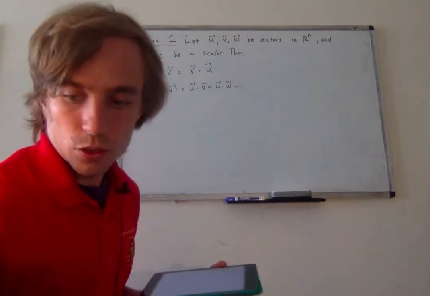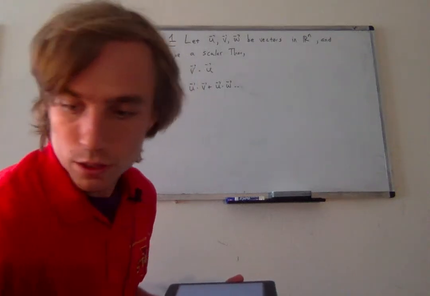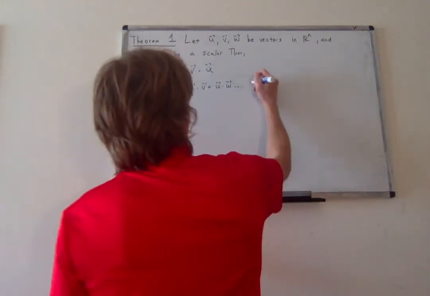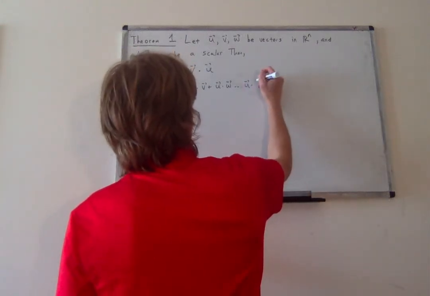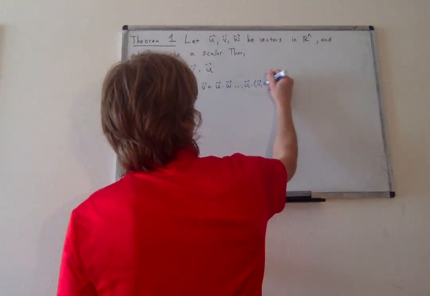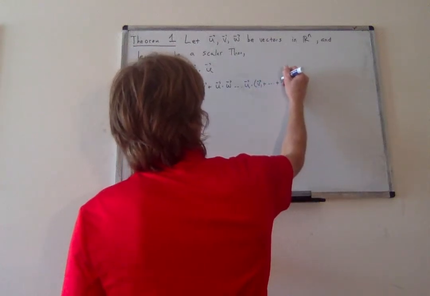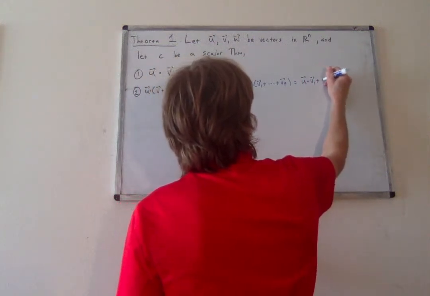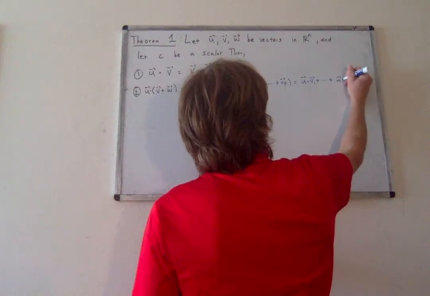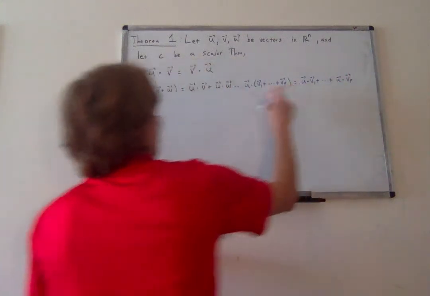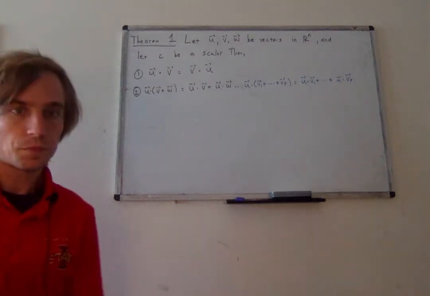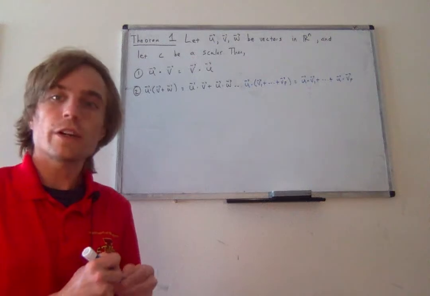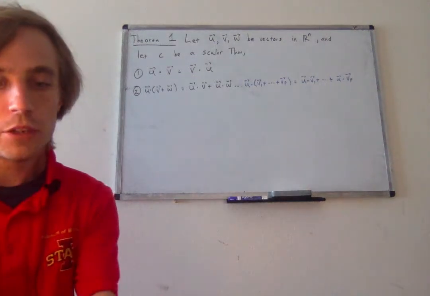And actually, as a quick addition to this that we will use upcoming, if we have, say, u dot the sum of an arbitrary number of vectors, then we can distribute u in the same way. This fact actually just immediately follows from the previous one, but we will use the fact that we can distribute across a sum of an arbitrary number of vectors. That will come up later on in this chapter.